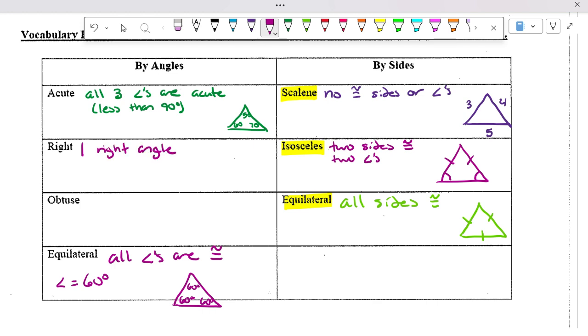That's how you know it's a right triangle. Remember, a right angle is equal to 90 degrees, and that's typically denoted with that little box. If you see that box representing the right angle in the triangle, it's a right triangle.